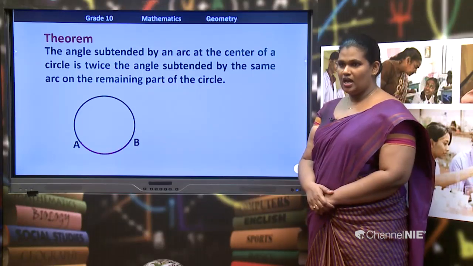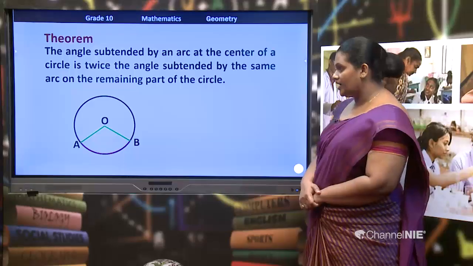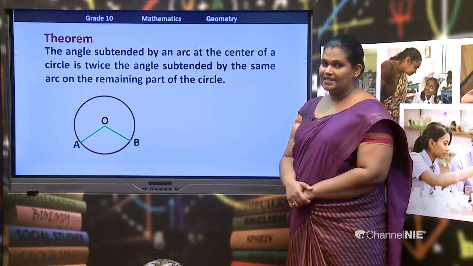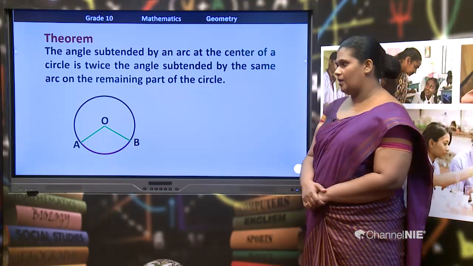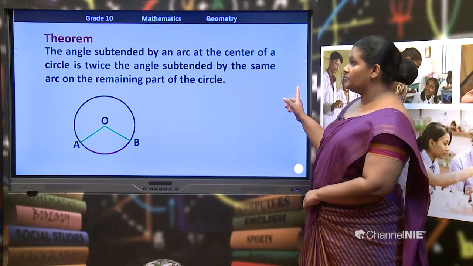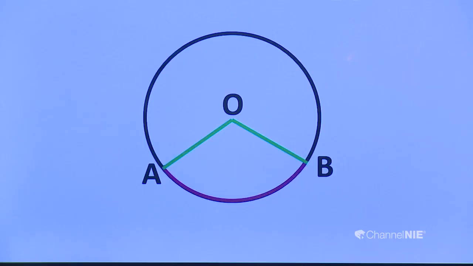I have got AB minor arc and I have mentioned angle AOB. By now, we know that is the angle subtended at the center of the circle by the minor arc AB. This is what they say: the angle subtended by an arc at the center of the circle. Now, the first part is done. We can identify that. Then the second part we will see.